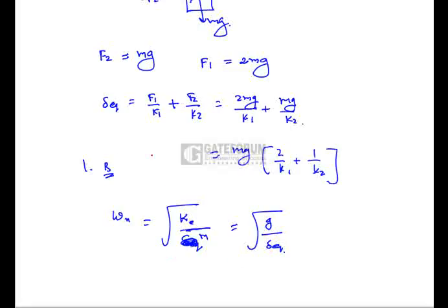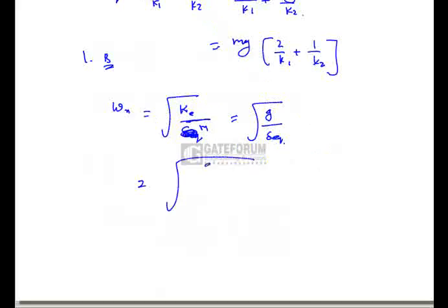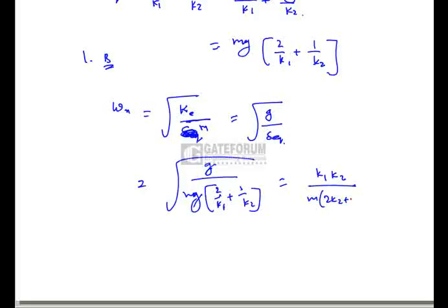We already know that the equivalent deflection is mg into (2 by k1 plus 1 by k2). Here g gets cancelled and we have the value as the square root of k1 k2 by m into (2k2 plus k1). This is the answer for the second question, and in the options the correct option is C. C is the right answer.